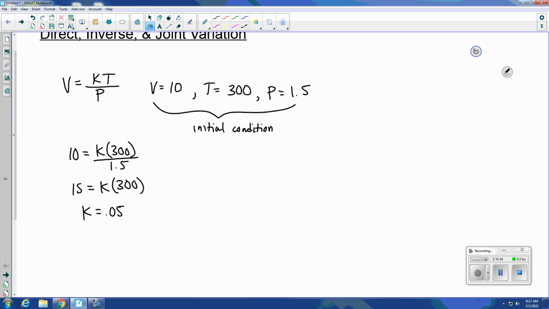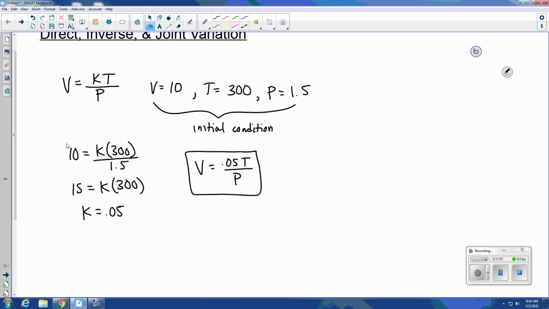Now that we know k, we can write the volume for the gas that reflects this initial condition. So by putting in 0.05 T over P, this is our function that models this scenario. So if they ask you for the function, they're asking you to find the k value based on the initial condition and then write the general function off of that.